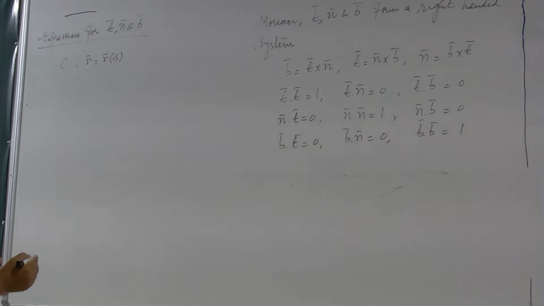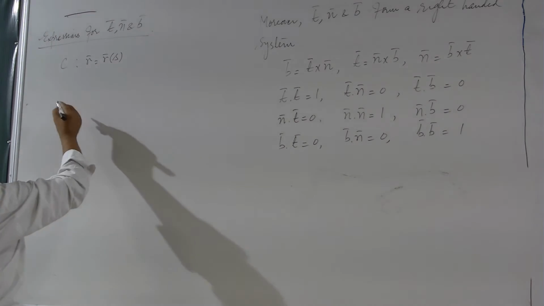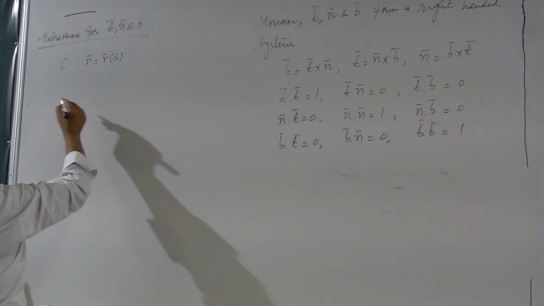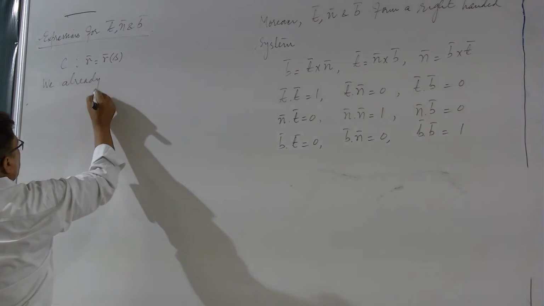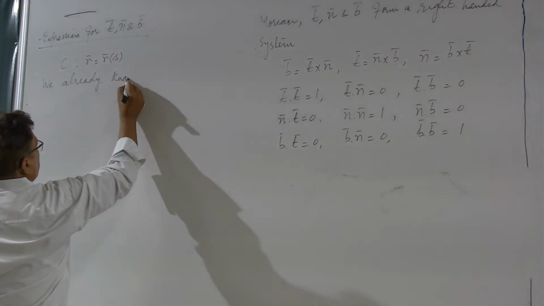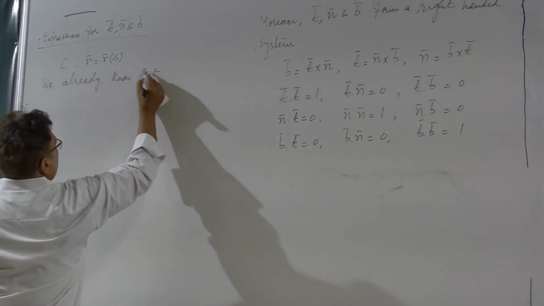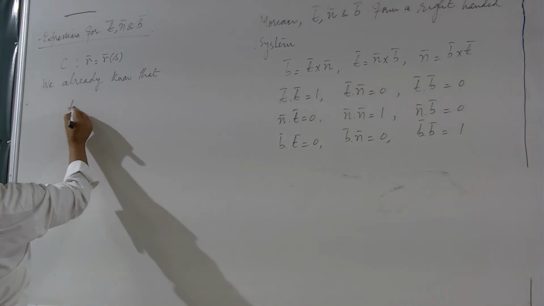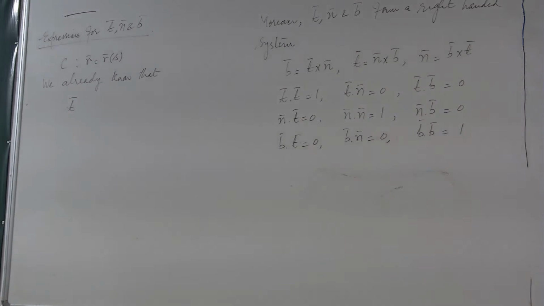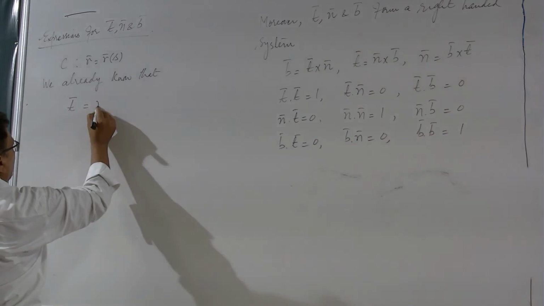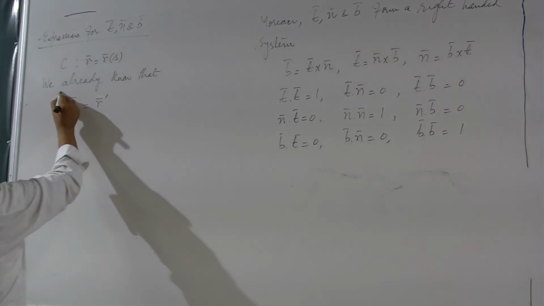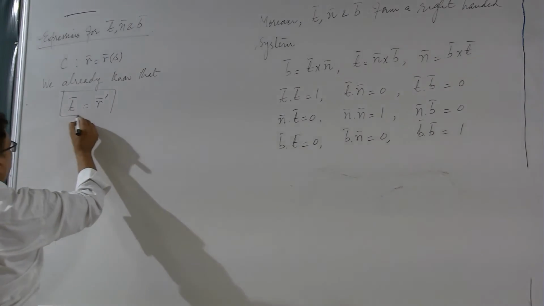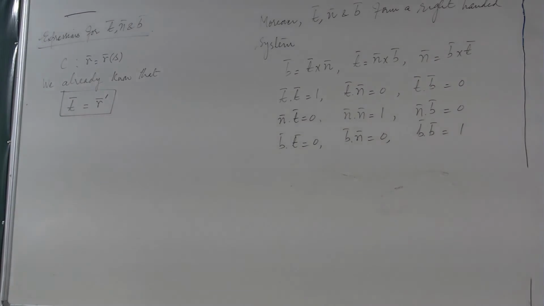So, we can differentiate R. The first one is already known, that the unit tangent T is R dash. So, this you can consider as an expression of T in terms of the derivative of R. This is already known to us.